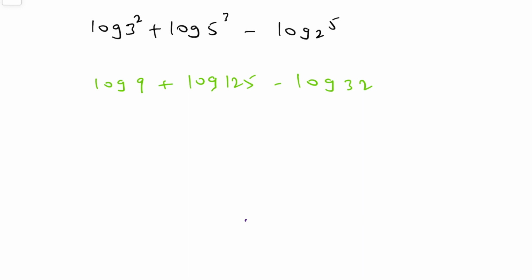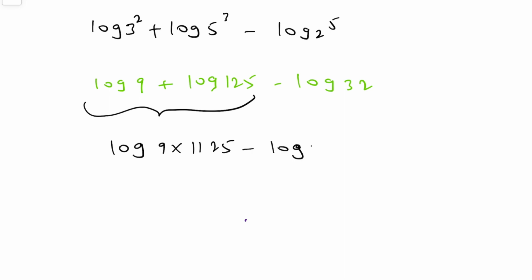Now one more formula which we will use is, in logarithm, plus will become multiplication. So log of the multiplication of both the numbers, minus log 32 as it is. This I will solve in the next step. Next, log 9 times 125, sorry, 125 it is. 9 times 125 is 1125, minus log 32.